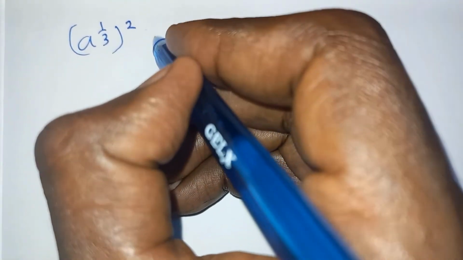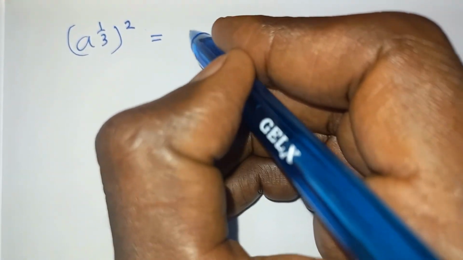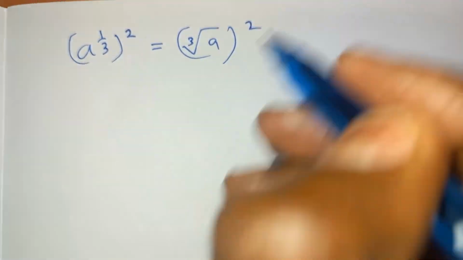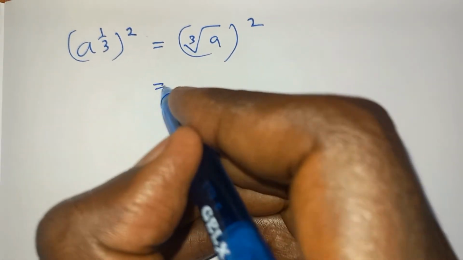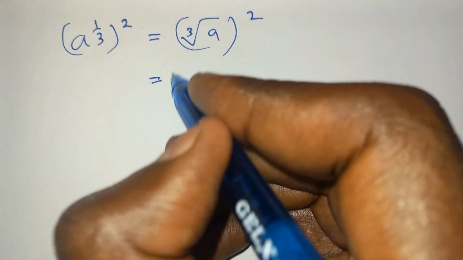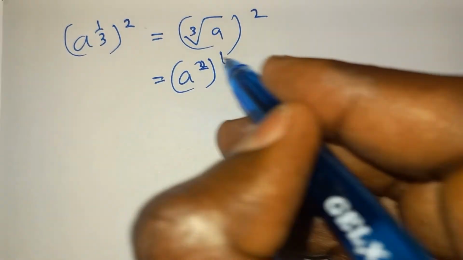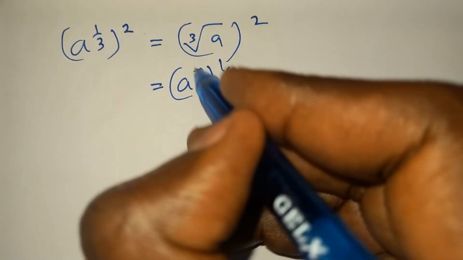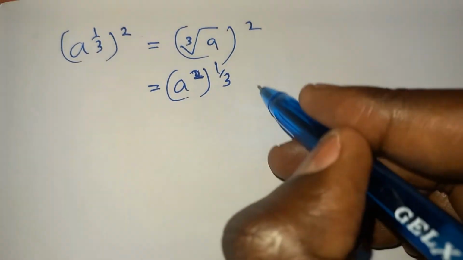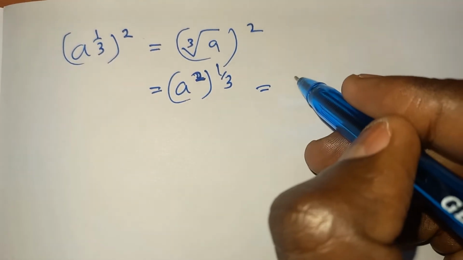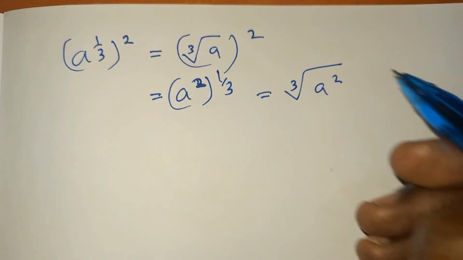Now notice that a raised to the power third squared, which we are saying is the same as cube root of a squared, can also be written as a squared raised to the power third, because multiplication is commutative, and therefore we can rewrite this as cube root of a squared.